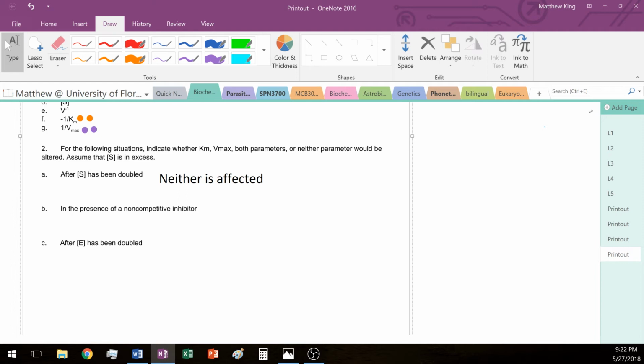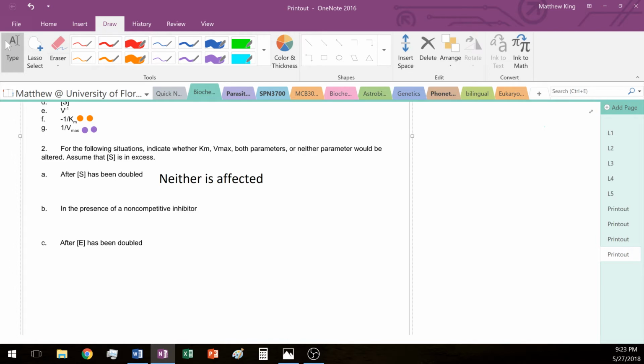So because of that, it's easy to say that Vmax is not affected, and Km is also not affected because Km is just saying it's a substrate concentration at which your enzyme is running at half of its maximal rate.